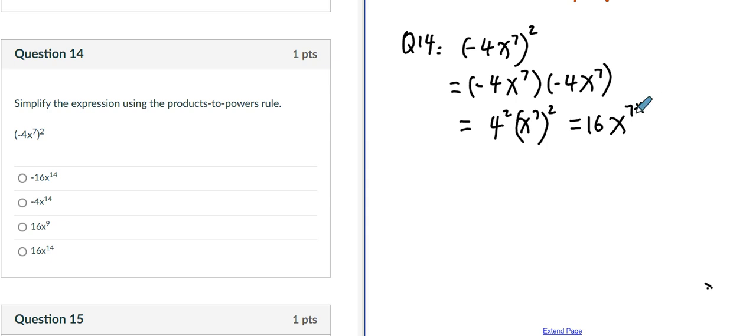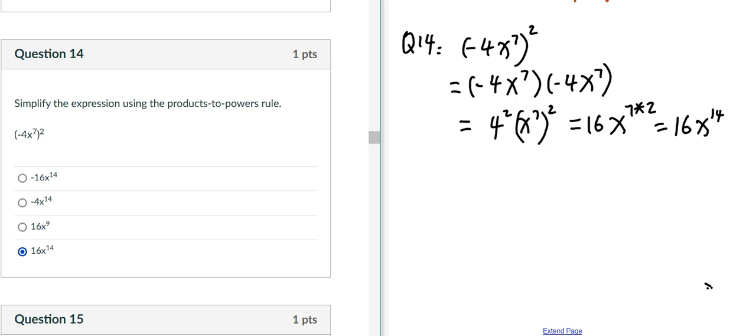It's 7 times 2. So you have 16 x to the 14th. That's the correct answer. Do not add 2 and 7.